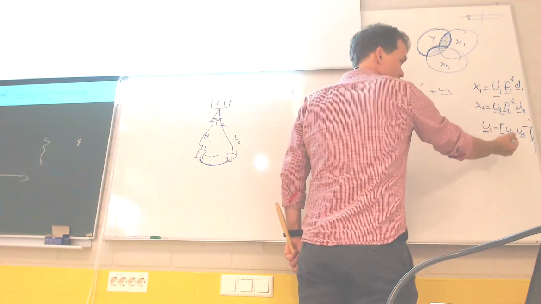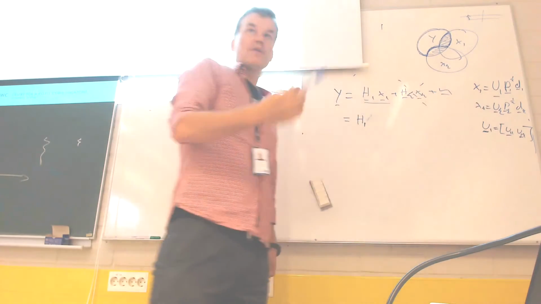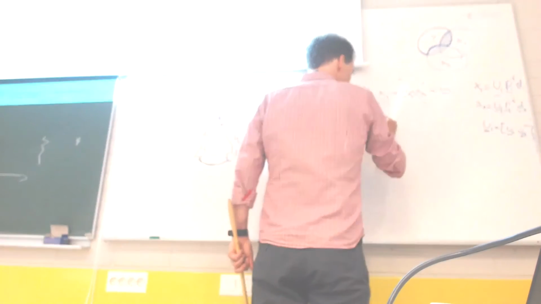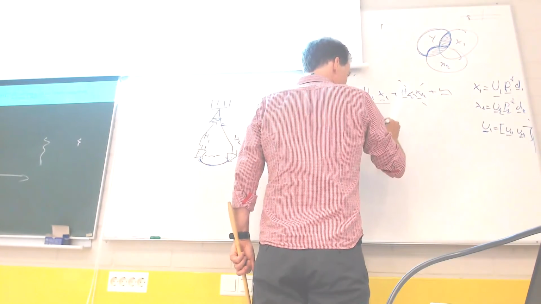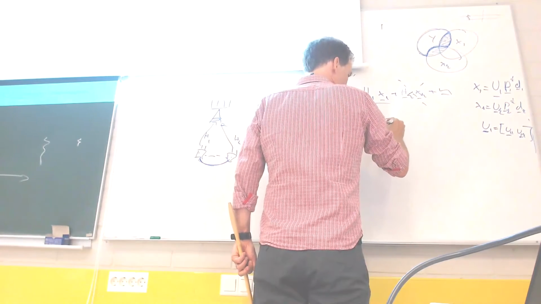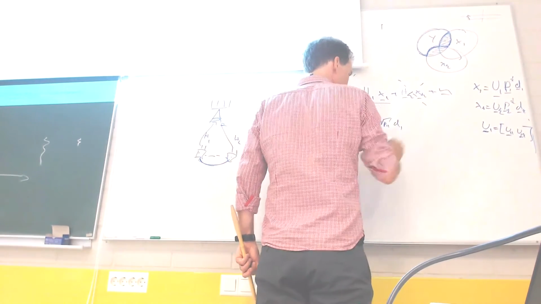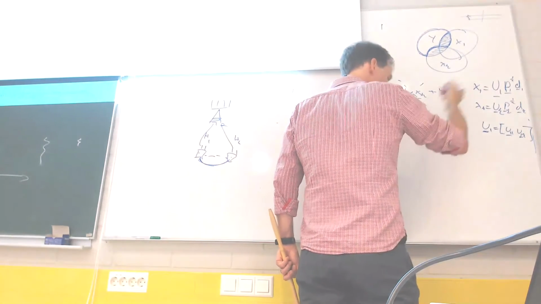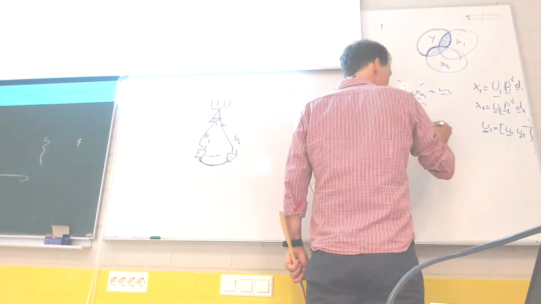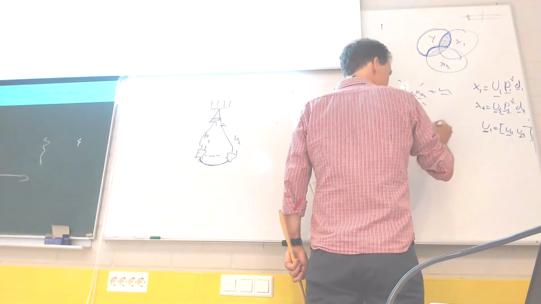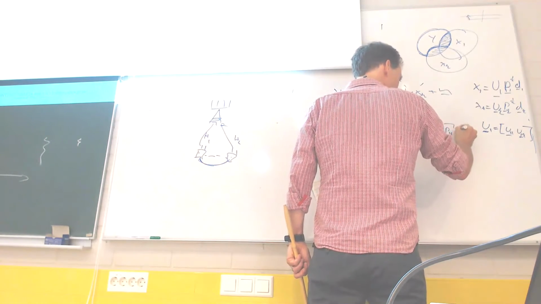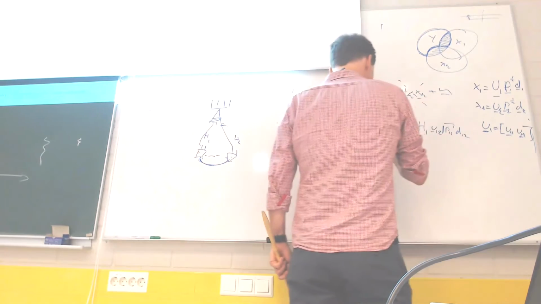This is a matrix that contains two decoding vectors for user 1. So we have H1 U11 square root P11 d11, plus the other stream of user 1, which would be seen as interference, H1 U12 square root P12 d12.